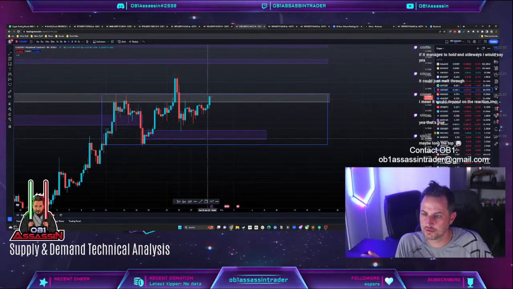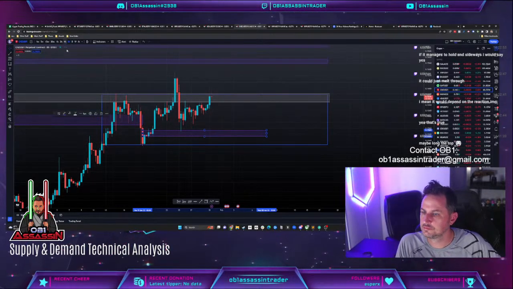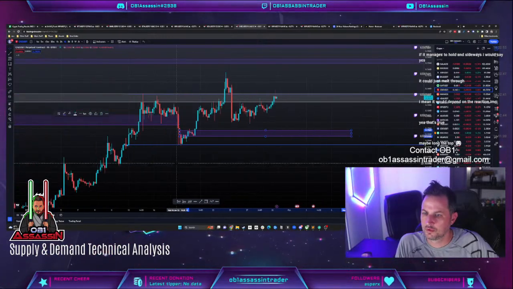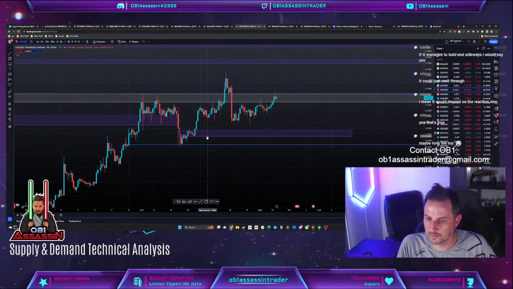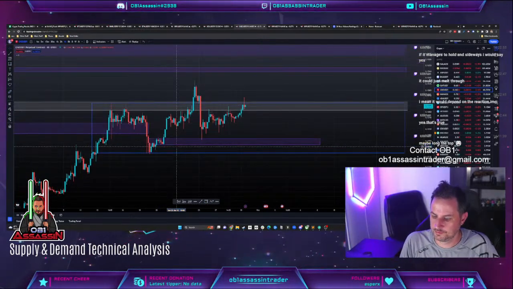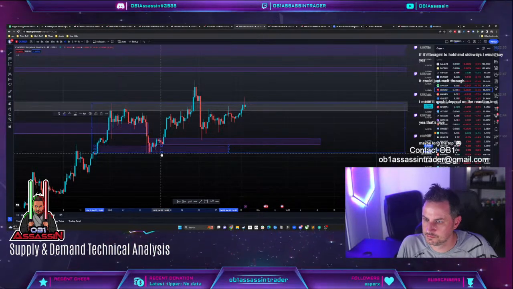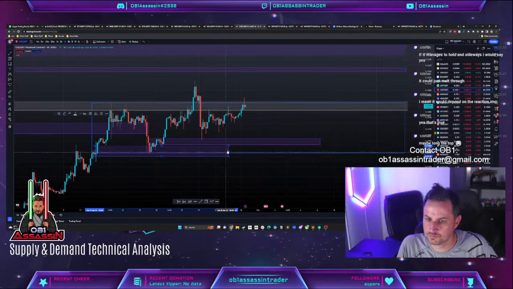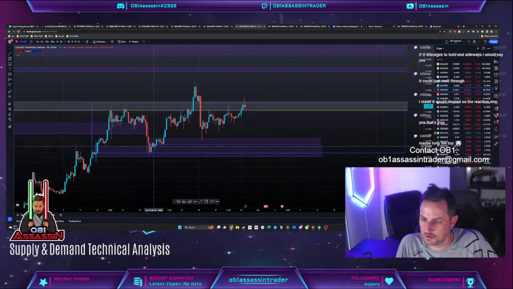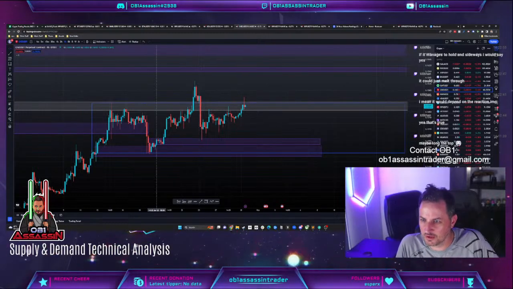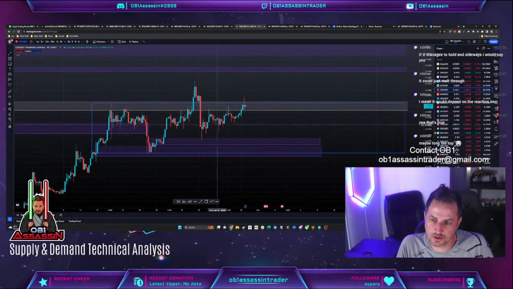Yeah, that looks good. And then we've got another one down there, which was traded into, and it was kind of the one that drove that big force up. This fresh order block down here was tapped into, and it hasn't been tapped into again.